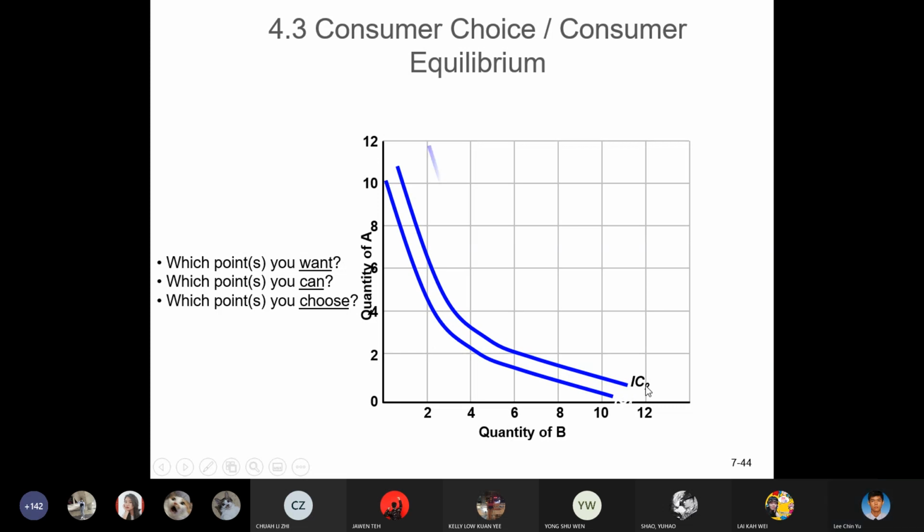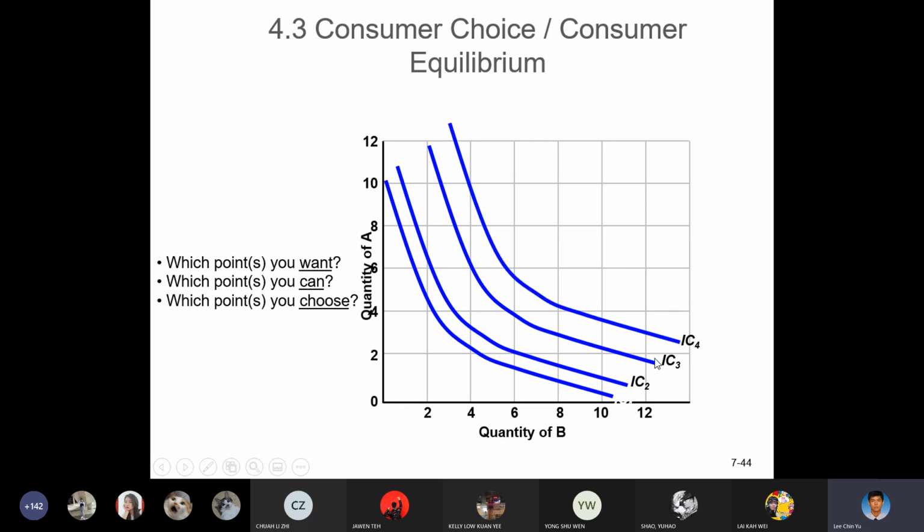So usually we have a lot of indifference curves, because this is the preference of the consumer. If they are able to consume more of A and B, basically the indifference curve will be far away from the origin, meaning that it shows a higher level of satisfaction. So this is our indifference curve.